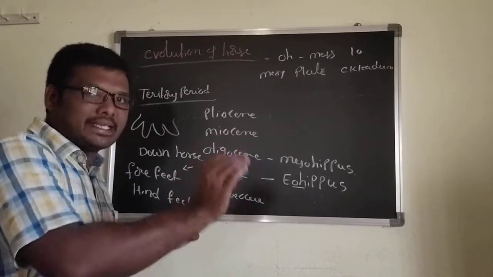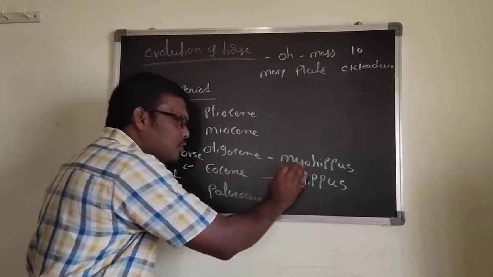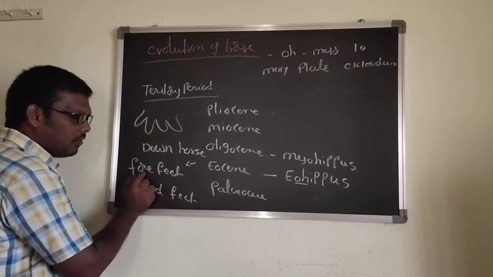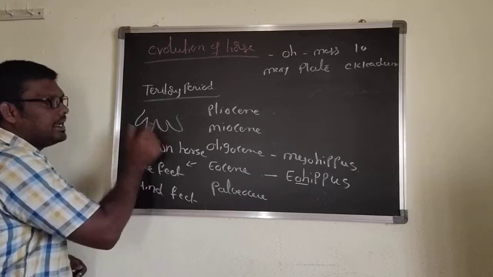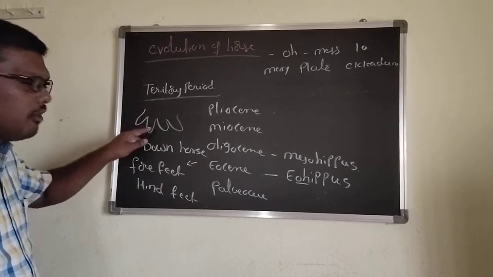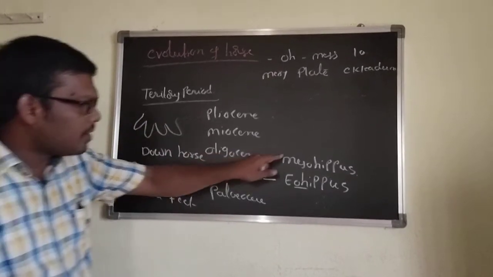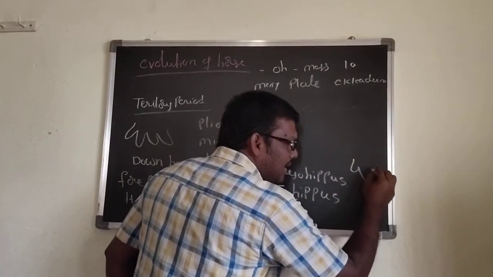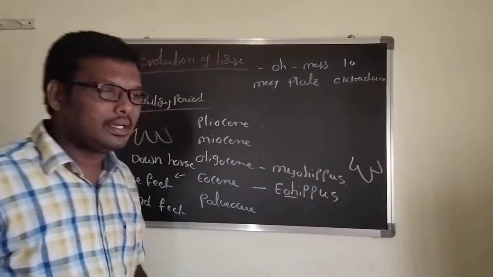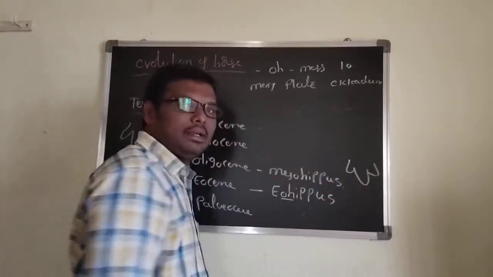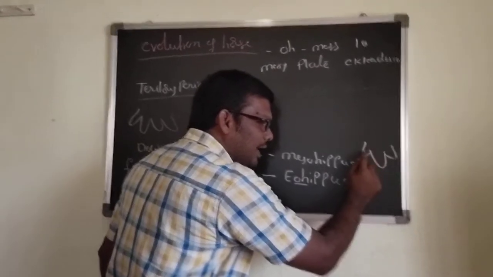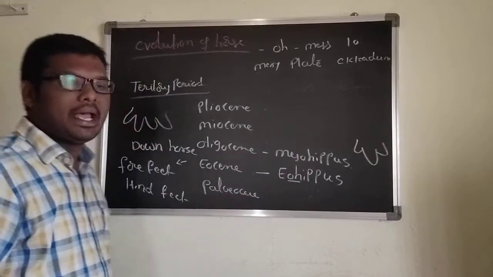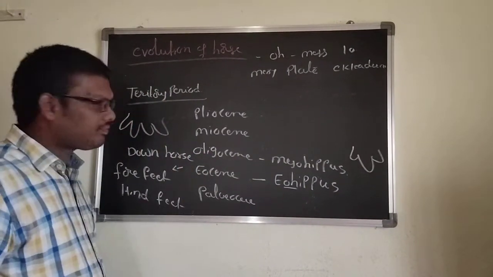Here, the fore feet and hind feet of Eohippus had 4 fingers, but Mesohippus has 3 fingers and 3 toes. The middle one is larger than the remaining fingers. That is the characteristic of Mesohippus, which arises in the Oligocene.